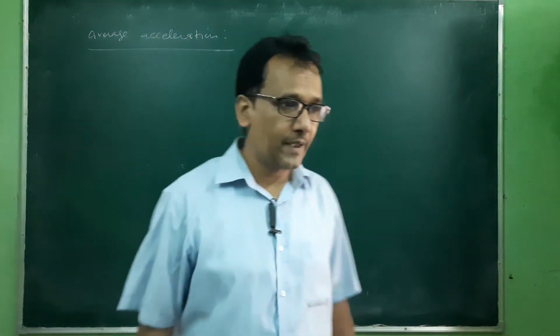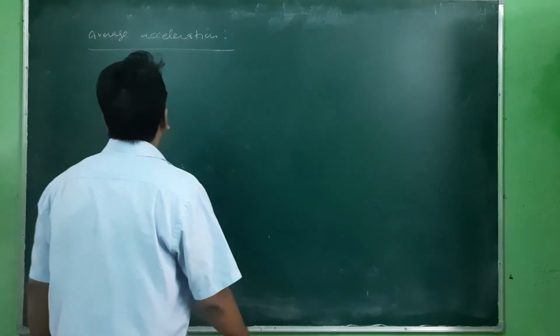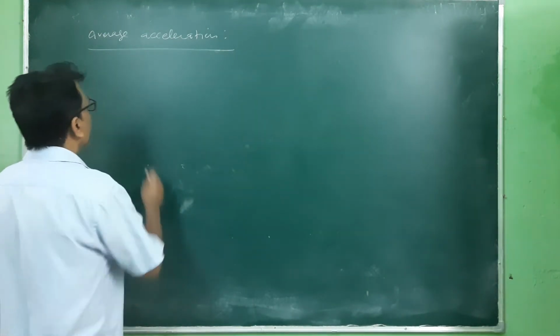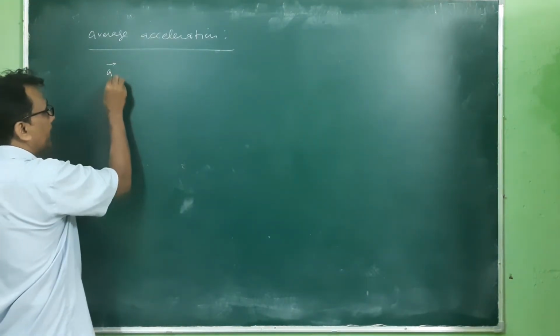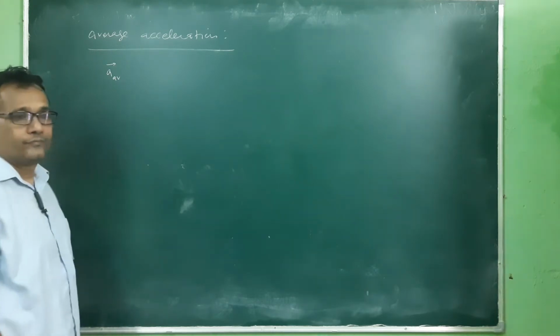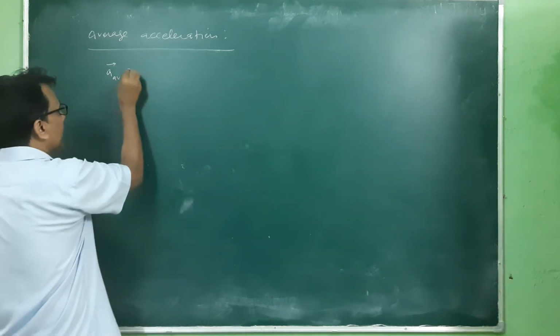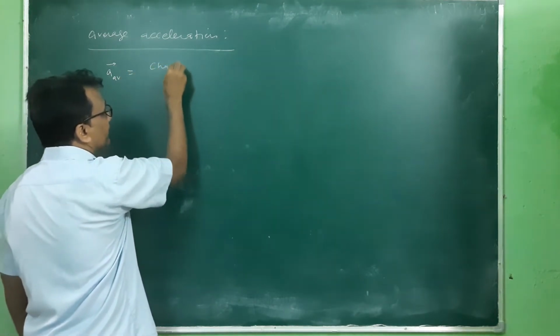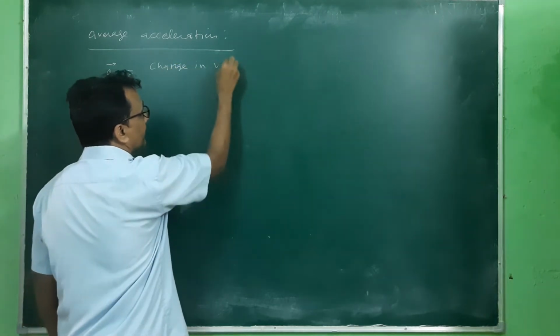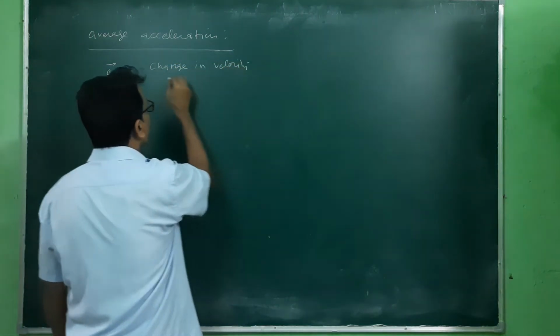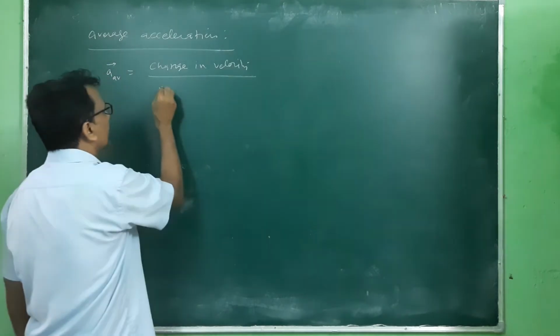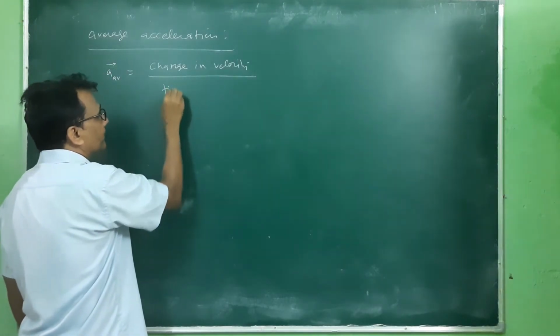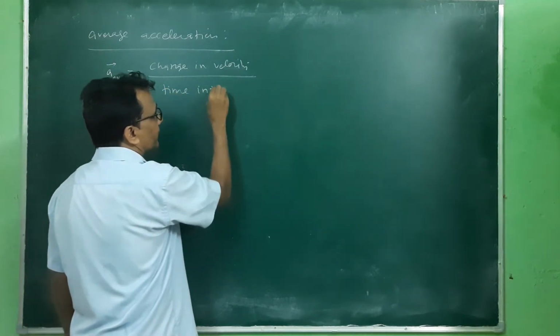So the definition will be the same. The average acceleration is represented by a average, and obviously this will be equal to the change in velocity over the time interval, the change in time.